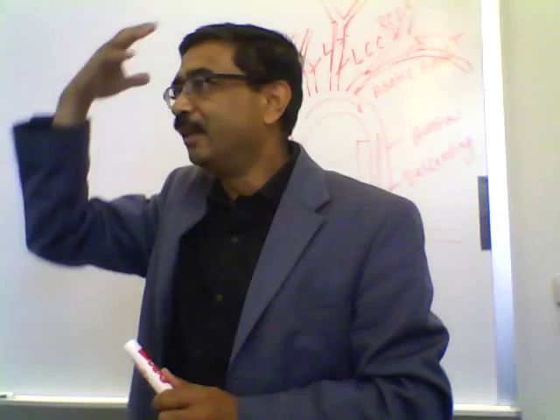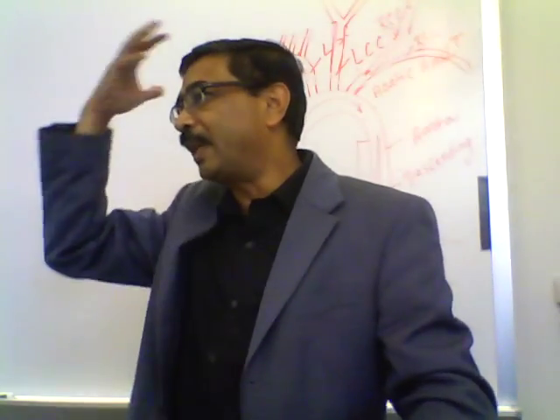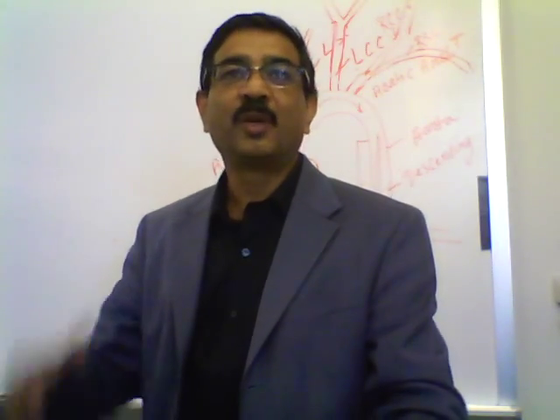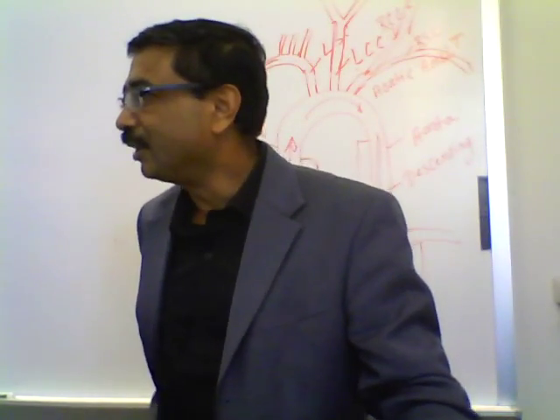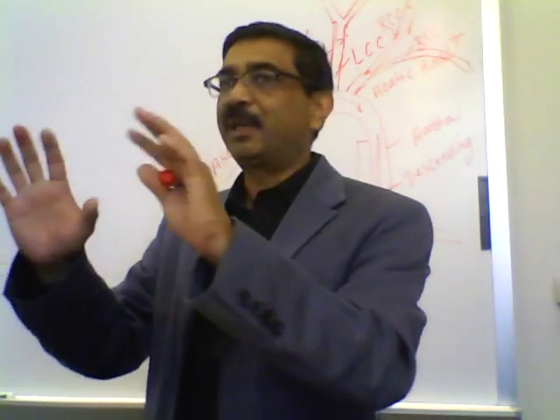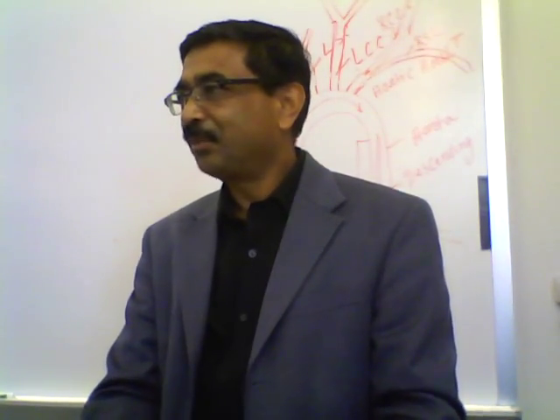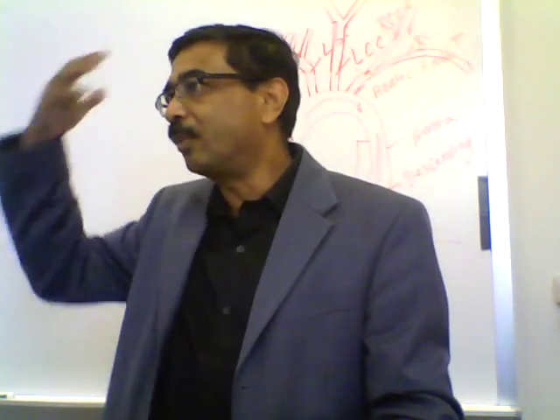Towards the head. Which one will supply the internal part of the head? Internal or external? Internal. Which one will supply blood to the outer part of the head? External carotid. There's a little bit of overlap, but that's the idea. So, is it difficult? No. Because internal will go to the inner part of the head, external will go to the outer part of the head.